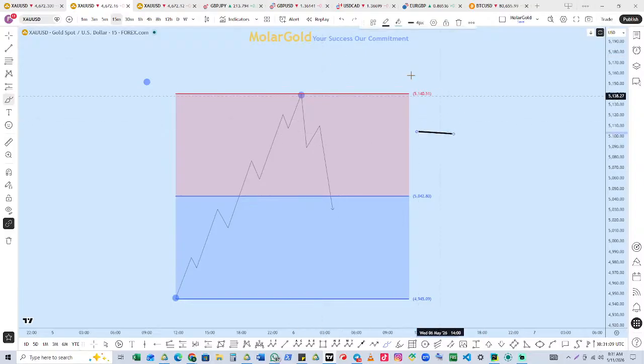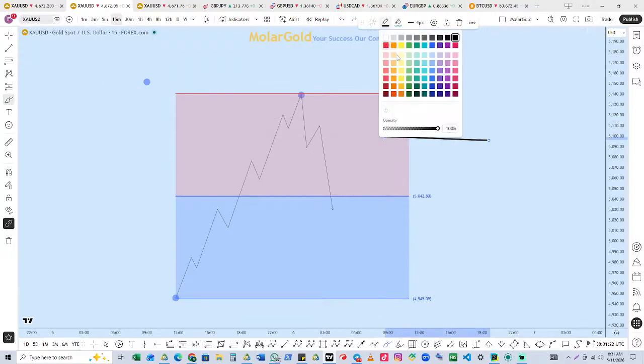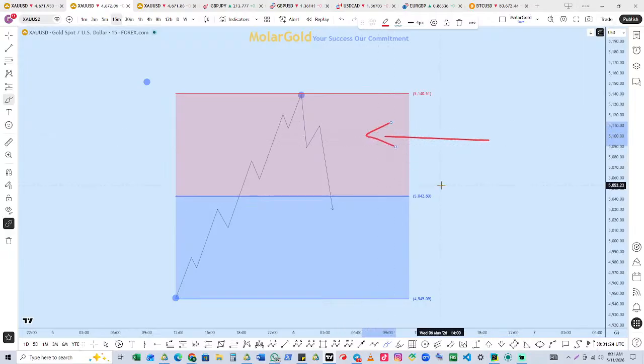I usually like red. So you cannot buy in this area. That area is a no-go area. You can only buy within this area. Okay, that's the only thing you can do.